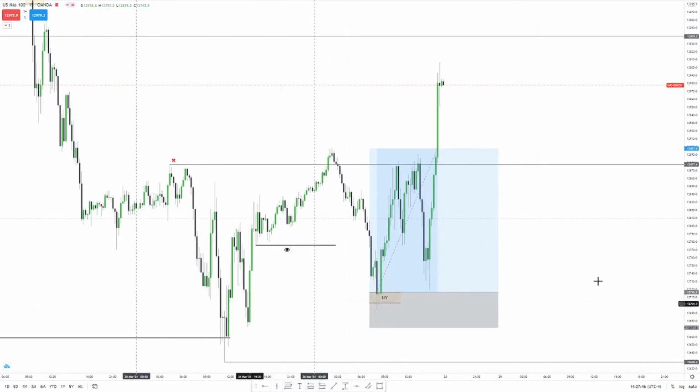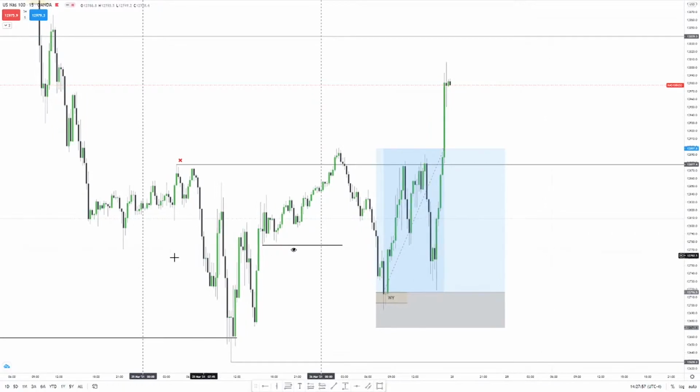So what you're seeing right now is just a trade that I caught on Nasdaq on Friday. These two vertical dotted lines are just the previous day's range.